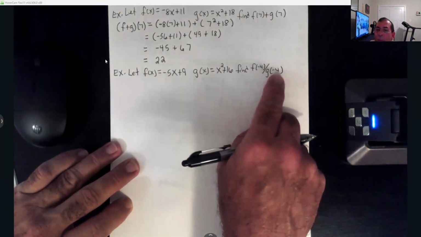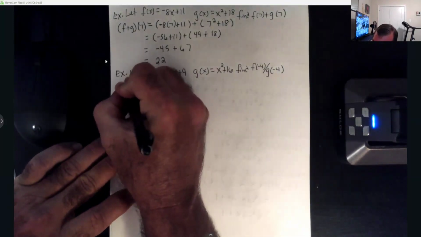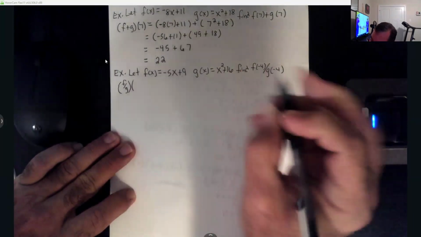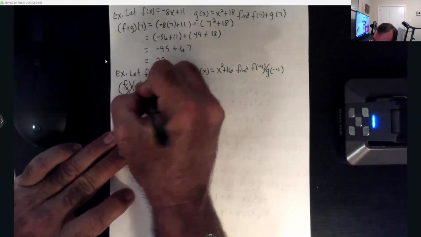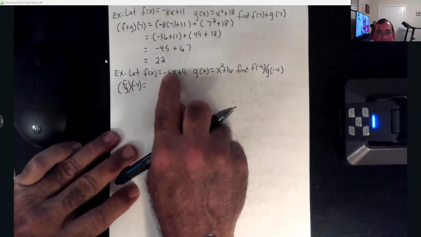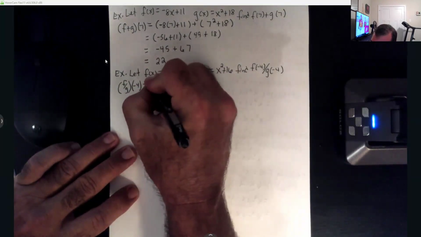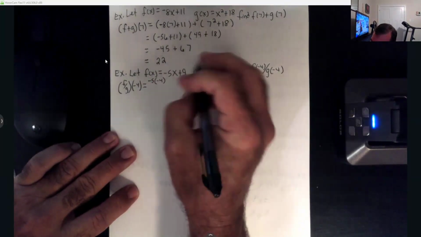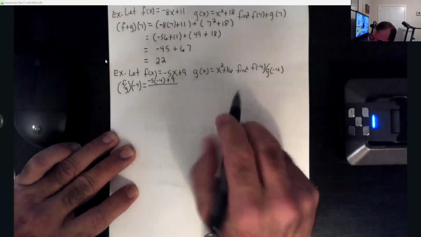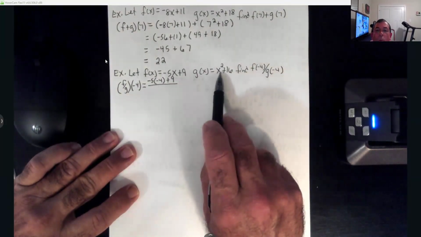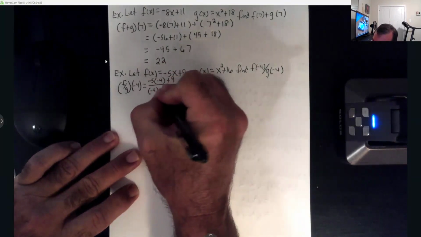But they're giving me numbers to put into this. So I'm basically going to be finding f divided by g of a negative 4. My f will go on top, so that'll give me negative 5 times negative 4 plus 9. On bottom, g of negative 4 will be negative 4 squared plus 16.